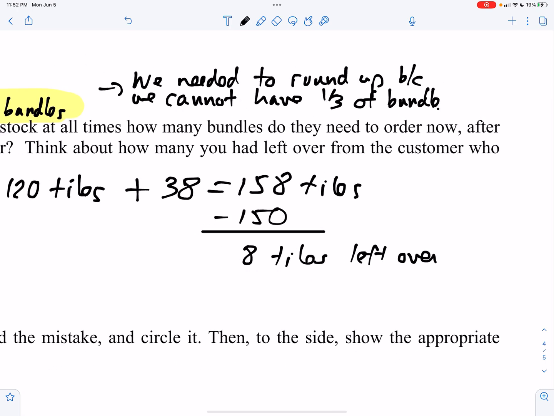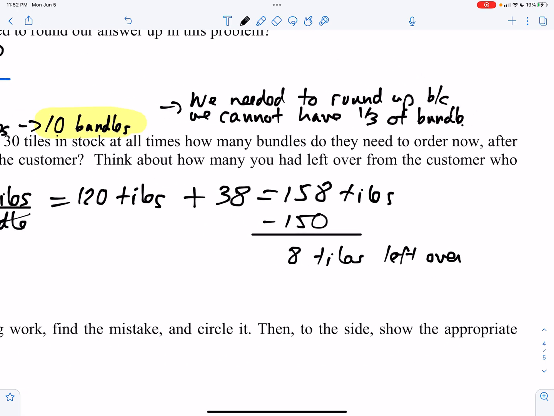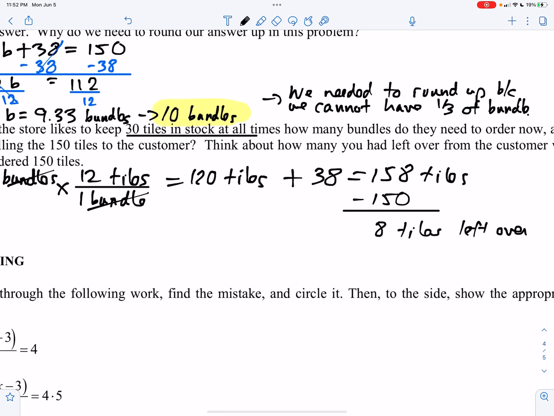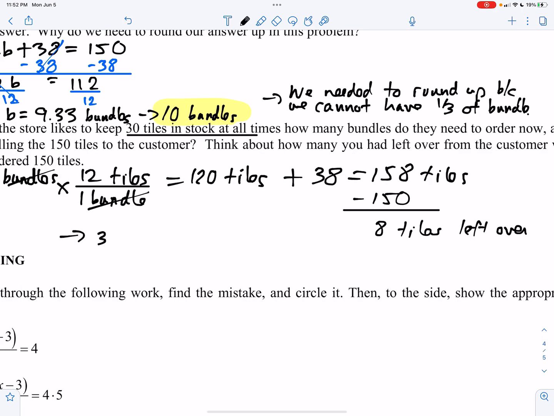Now, here's the thing though. The store wants to keep 30 in stock at all times, so if I take 30 tiles minus the 8 tiles, I get 22 tiles that are needed.